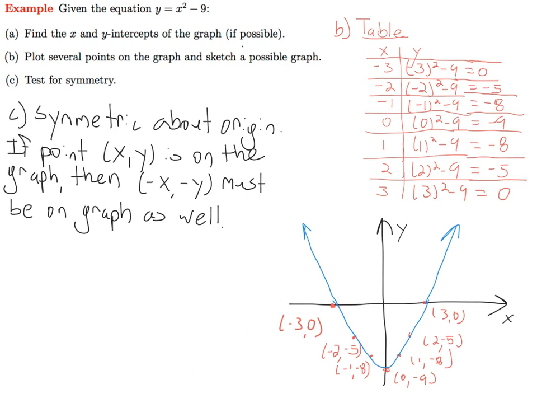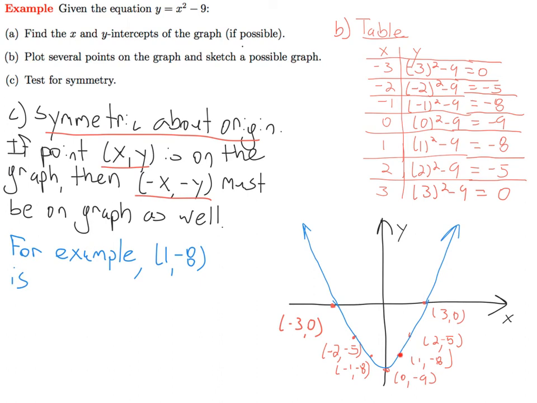So let's pick a point to check this out. So if, for example, (1, -8) is on the graph, but the reflection of this point across the origin, which would put us at (-1, 8), is not.